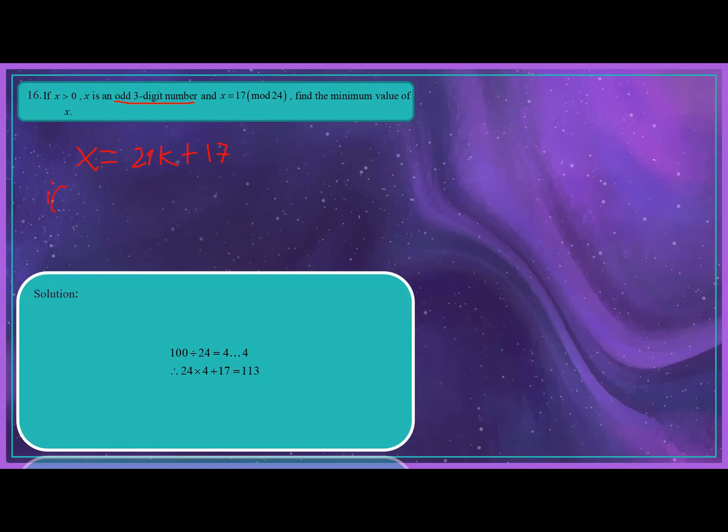If k is 4, x equals 24 times 4 plus 17, which is 113. So x is 113.